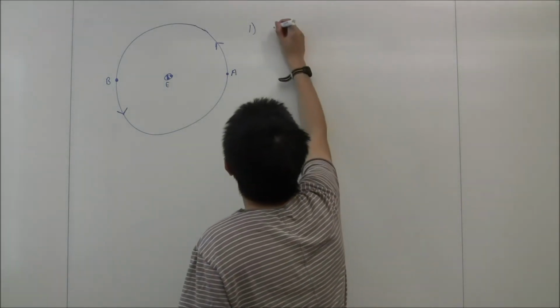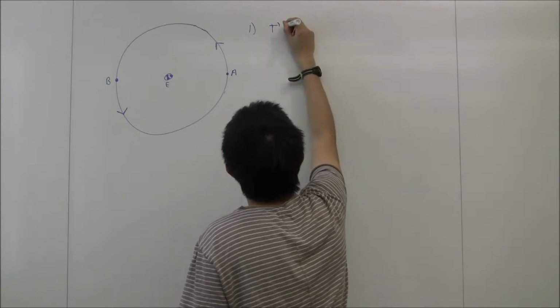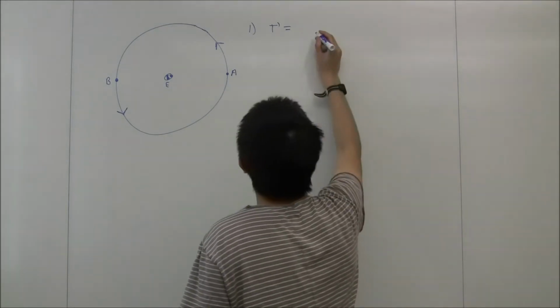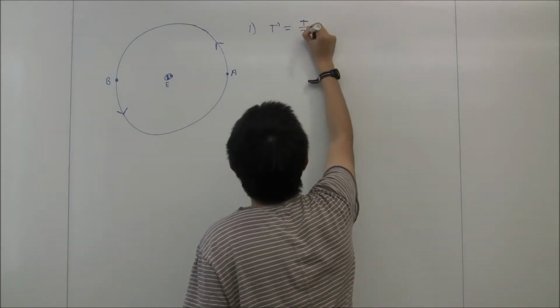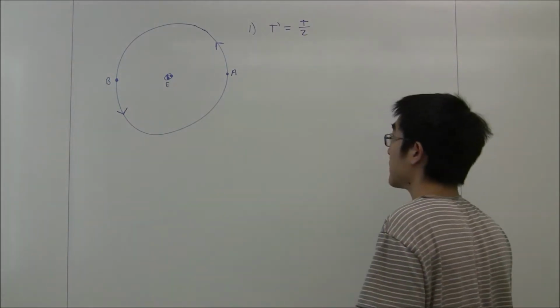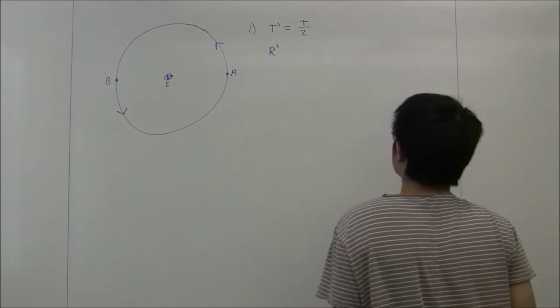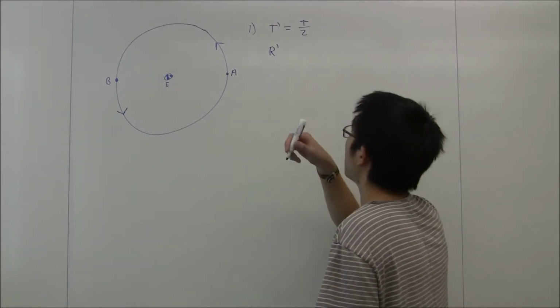So the time it will take, which we'll call T prime, in the first method is just going to be half the period of the astronaut's orbit, which we'll call T. So that's going to be T over 2. Now the length of the semi-major axis of the orbit of the sandwich we will call R prime.